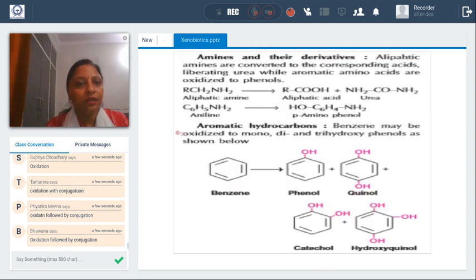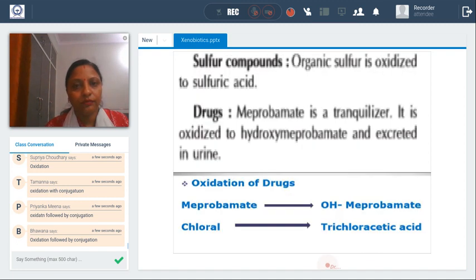Amines and their derivatives: aliphatic amines convert into aliphatic acids and urea. Aniline converts into para-aminophenol. Likewise, benzene converts into phenol, quinol. Some drugs are oxidized. Meprobamate converts into hydroxy meprobamate.